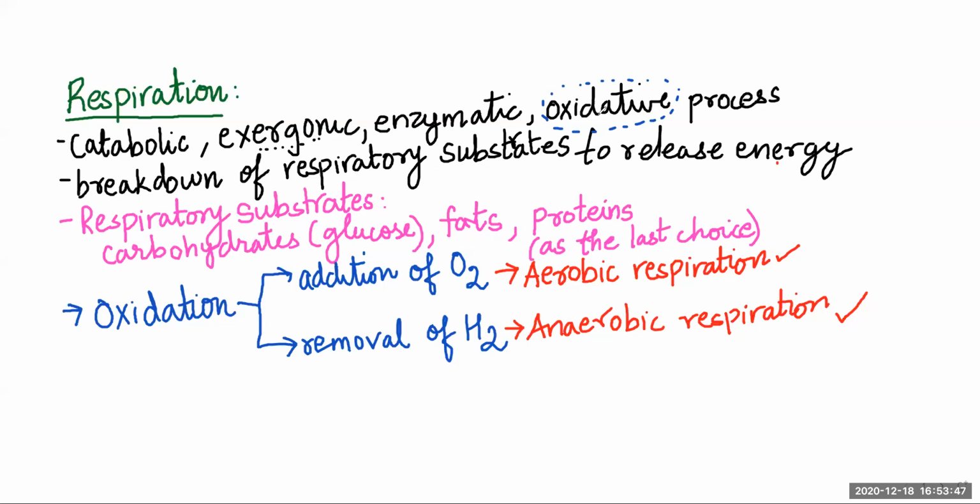In which one mitochondria is used? Salil, Aditi, Khushi, Amisha, Rashmi, Chinmay, all of you, in fact, everyone is correct. In aerobic respiration mitochondria will be required and in anaerobic respiration it will not be required.